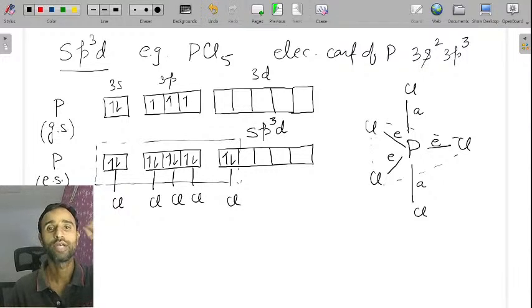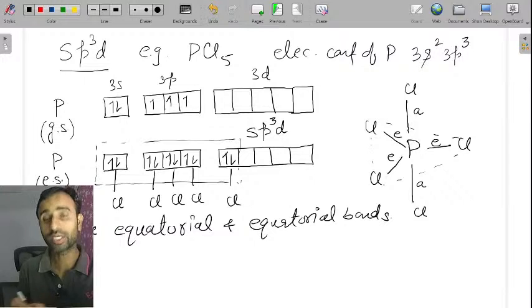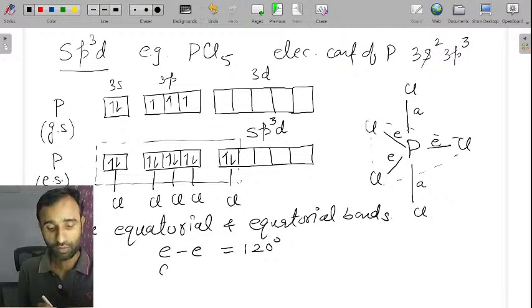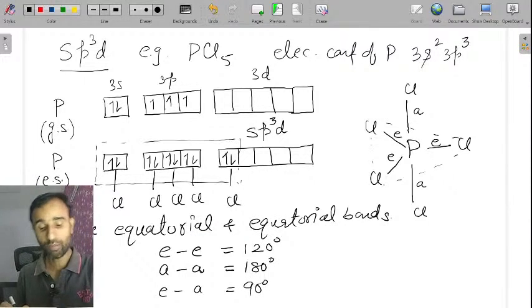Equatorial and axial. Say these 3, tell me what is the angle between equatorial and equatorial bonds? I am denoting this by E, this also by E. Very good, the angle between equatorial and equatorial is 120 degrees, right? And what is the angle between axial and axial? 180 degrees. And what is the angle between equatorial and axial? It is 90 degrees.